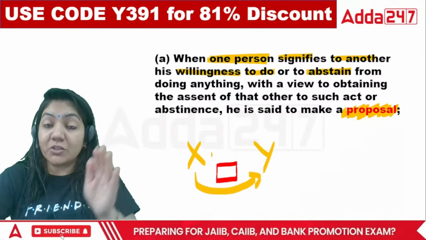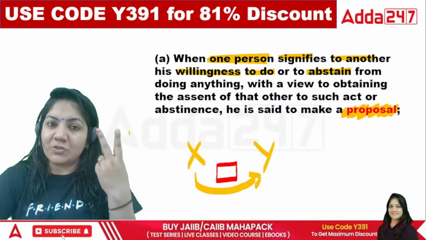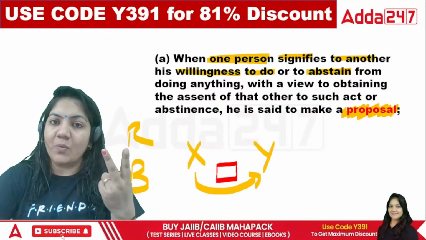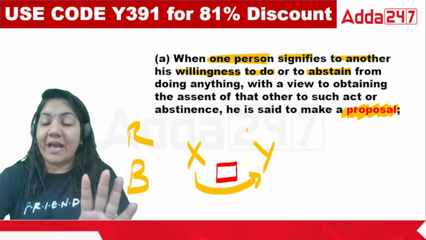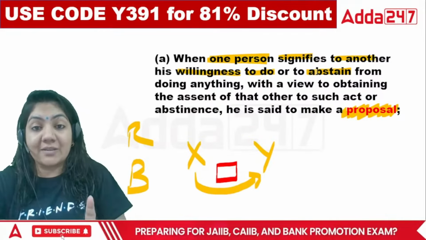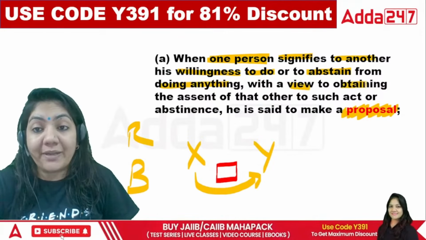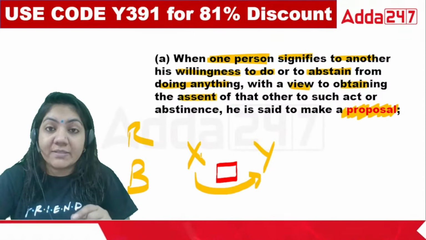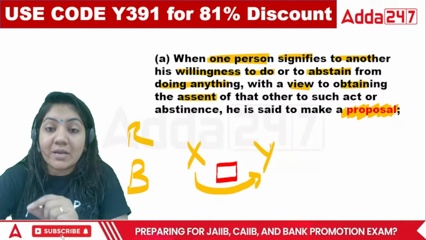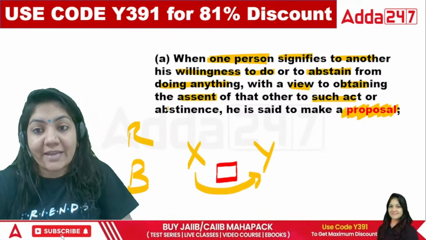Suppose X has only 2 cars, the red one and the blue one. X is saying that I will not sell my blue car. This is called abstaining from doing anything with a view to obtain the assent. X wants assent or consent from Y to do such an act or abstinence.